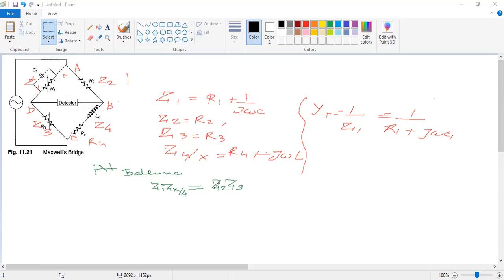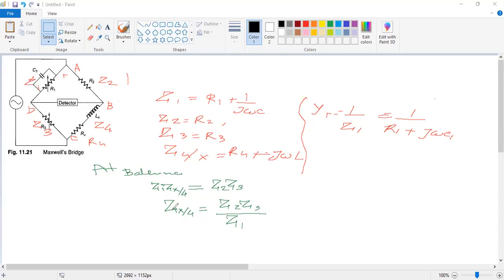In this condition we can easily find Z4 or ZX, and it is equal to Z2 times Z3 divided by Z1.